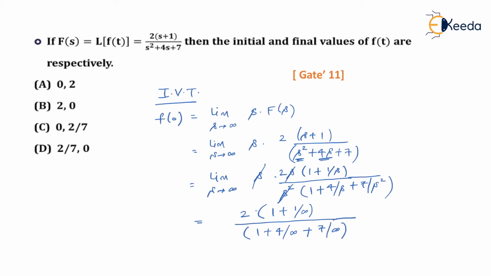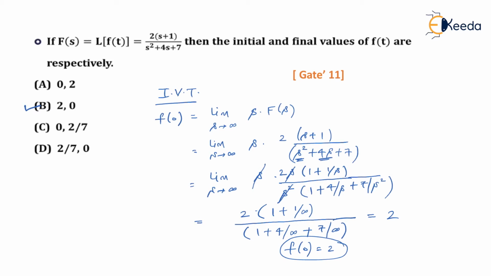Anything upon infinity is 0. So it comes out to be 2. Moral of the story, f of 0 is equal to 2. As you can see, there is only one option which matches, that is option B. So option B is the correct option.